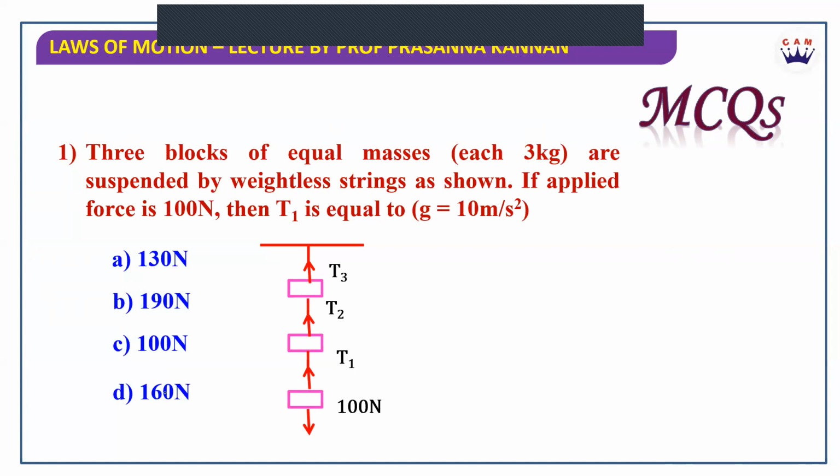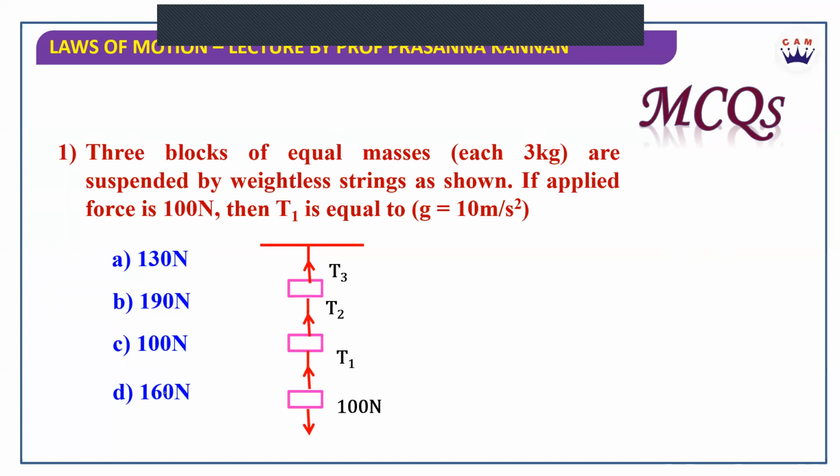Who would like to try this one? What is asked here? 3 blocks of equal masses, each 3 kg, are suspended by weightless strings as shown. If the applied force is 100 Newton, then what is T1 equal to? Very good.